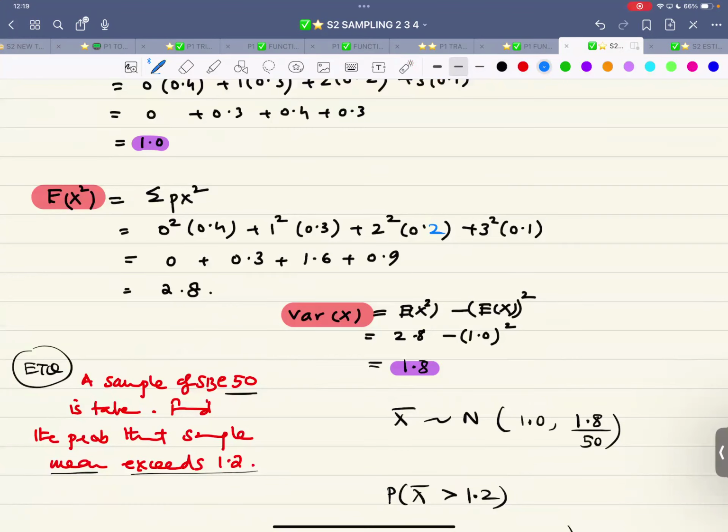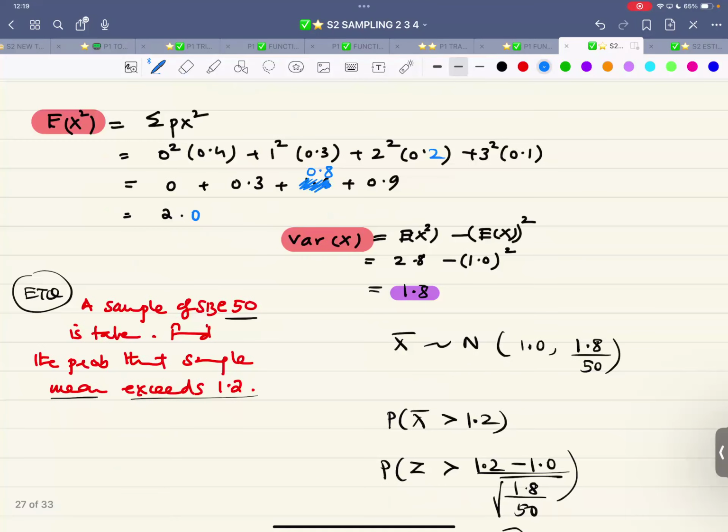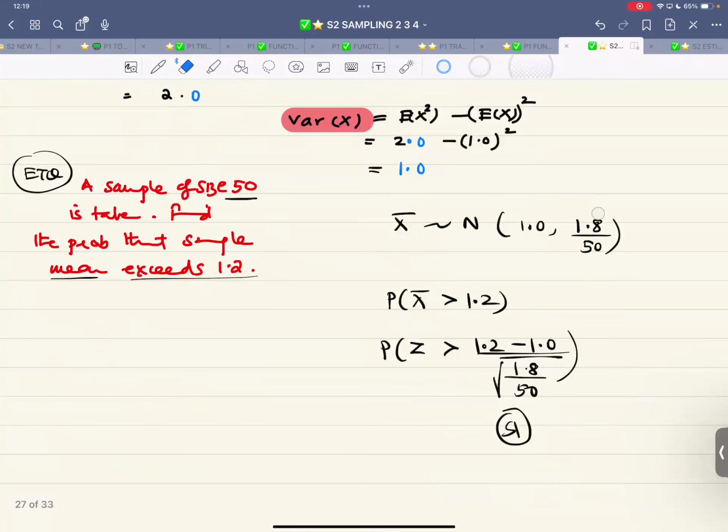So because of this, this 1.6 becomes 0.8, and this 2.8 is actually 2.0. So over here, expectation of X square is 2.0, minus 1.0 square, that is 1.0. Let me also write it properly over here. We haven't done the calculation, but things need to be said clearly. So this is 1.0, this is 1.0, and then knowledge of S1 is assumed.